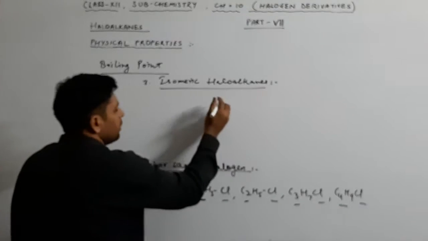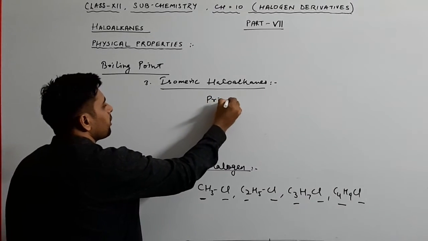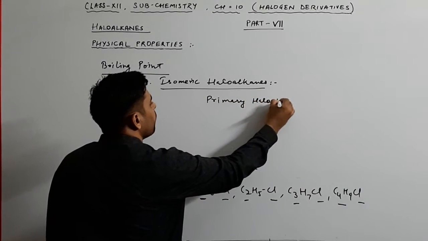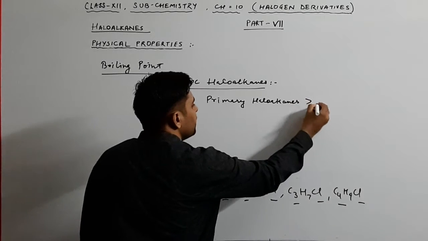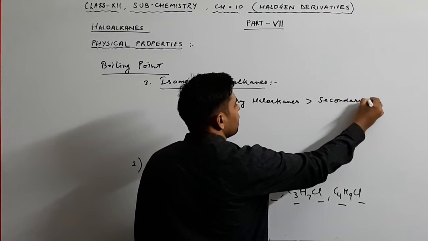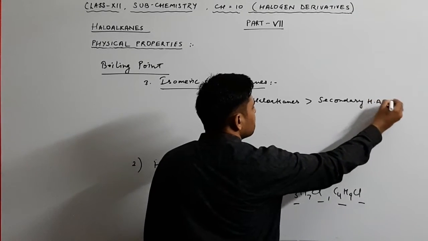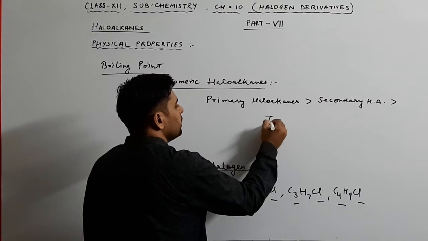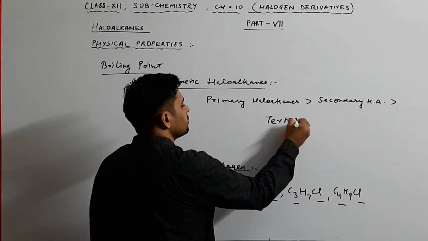Students, note down that primary haloalkanes have high boiling point than the secondary haloalkanes. And secondary haloalkanes have more boiling point than tertiary haloalkanes.